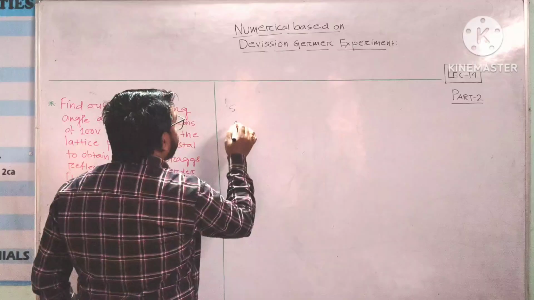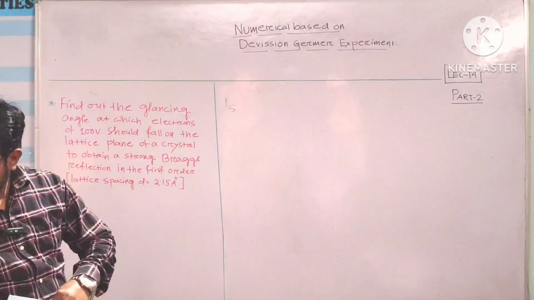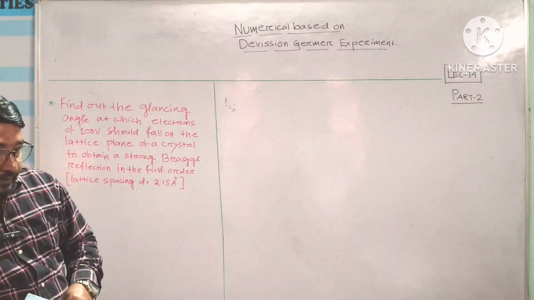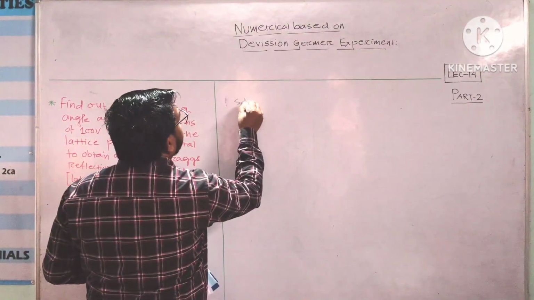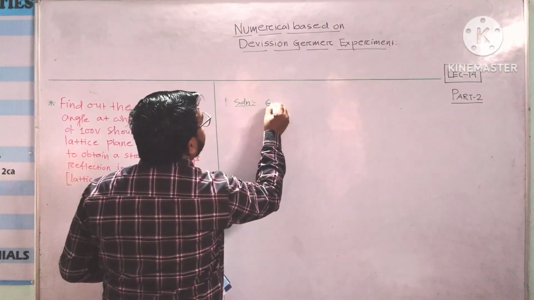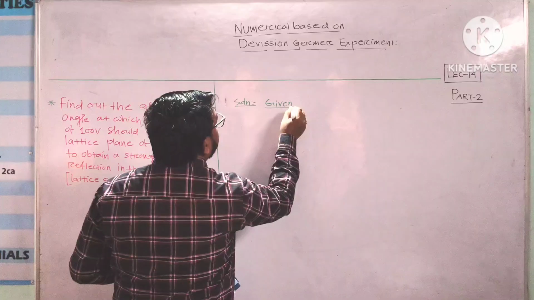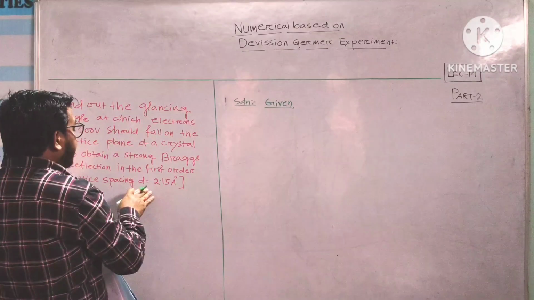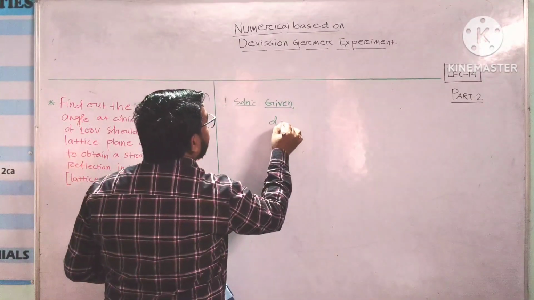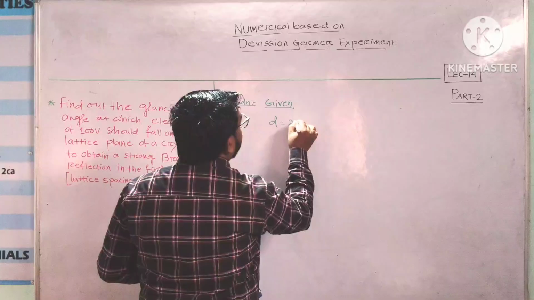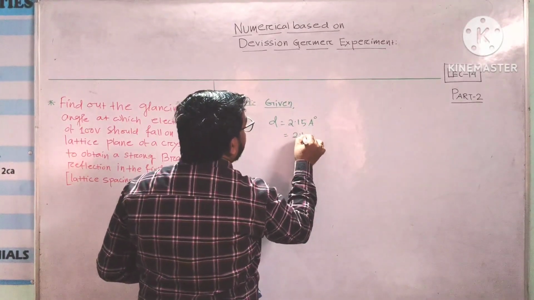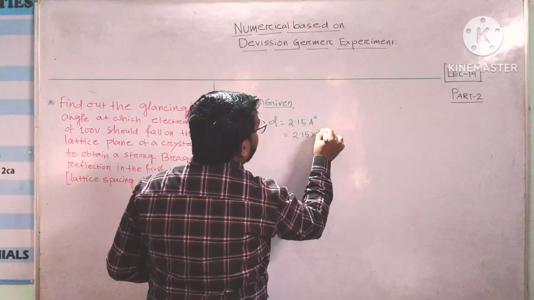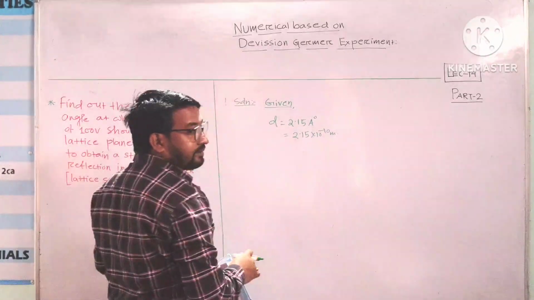Solution. The given information of this question: lattice spacing d equal to 2.15 angstrom, and this is equal to 2.15 into 10 to the power minus 10 meter.